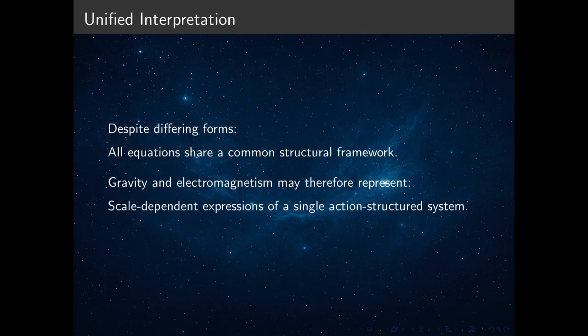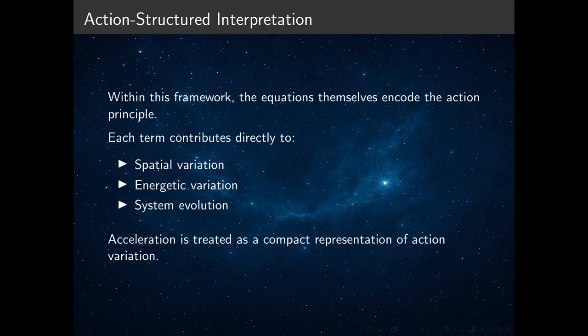Although the equations differ in form, their components serve consistent functional roles, indicating that the distinction between gravitational and electromagnetic behavior may arise from scale-dependent expressions of a shared structural framework rather than from fundamentally separate mechanisms.